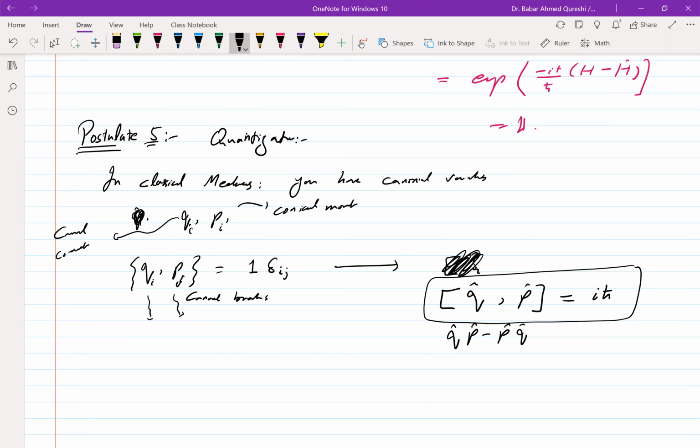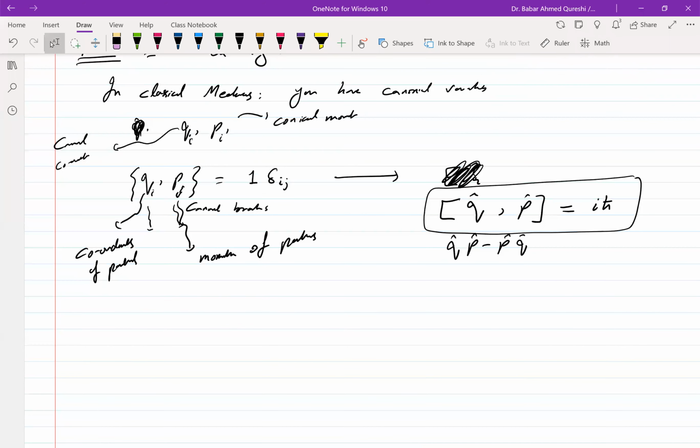So it tells you what kind of operators you should associate with the things which appear in classical mechanics, which are coordinates and momenta. You can think of these literally as coordinates of particles, and these are the momenta of particles.